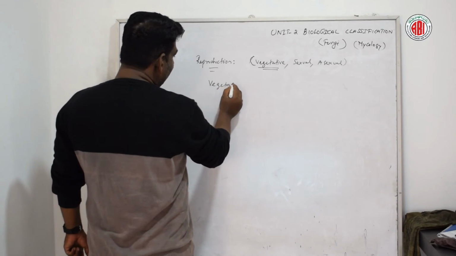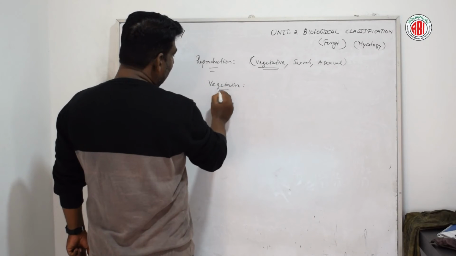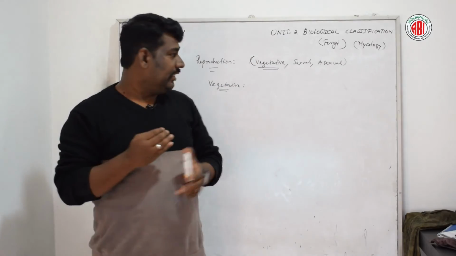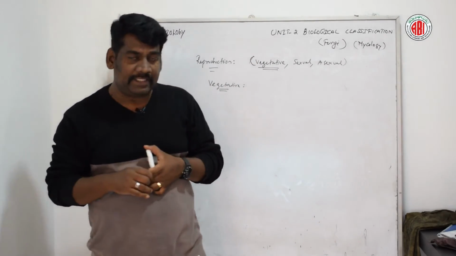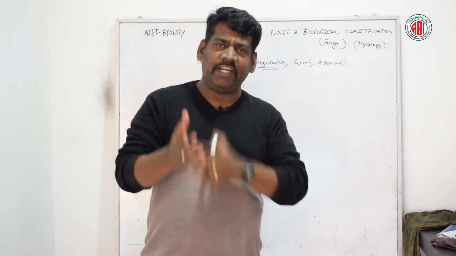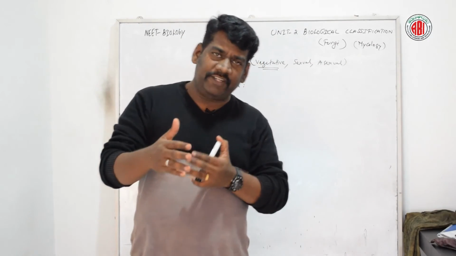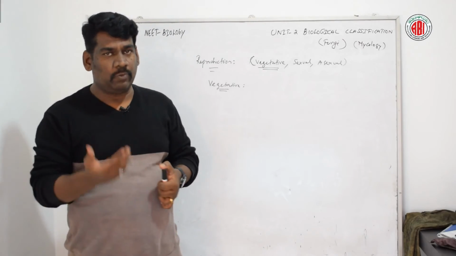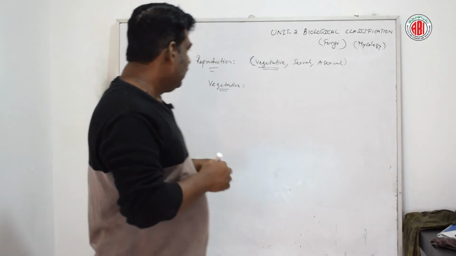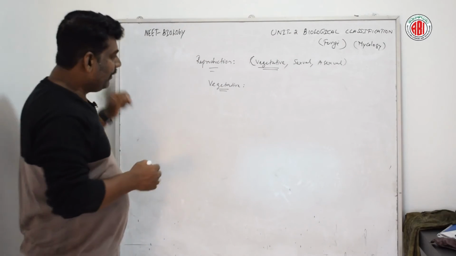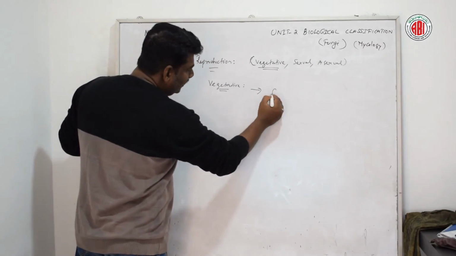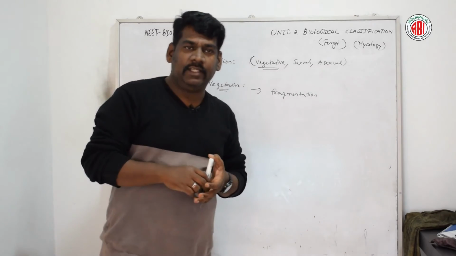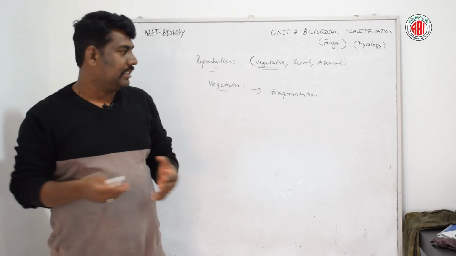Okay, the vegetative mode of reproduction can be seen in fungus by different methods. Let us see one by one in detail. So first, talking about the vegetative mode of reproduction, the first category is fragmentation. Yes, fragmentation is nothing but breaking into pieces, fragments.